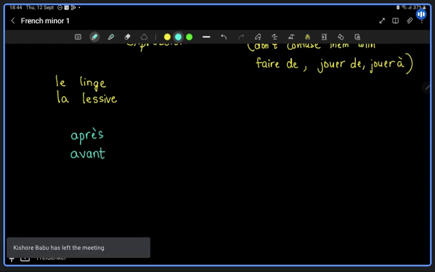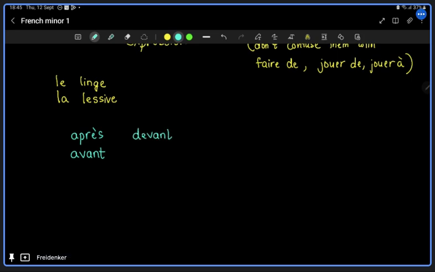Devant is in front of. Derrière is behind. Dans means in.